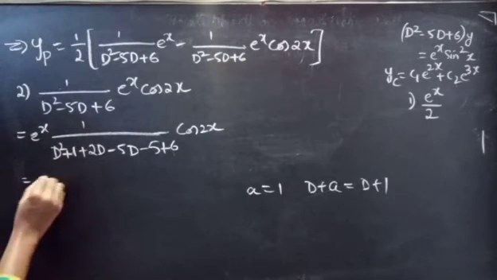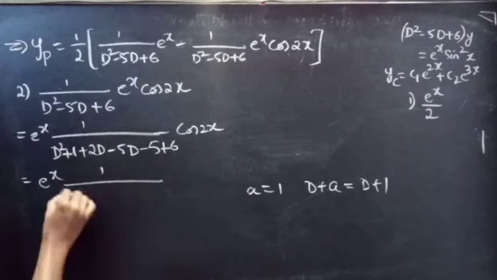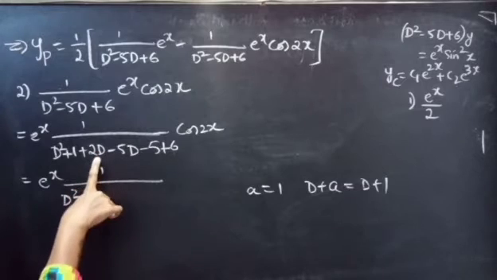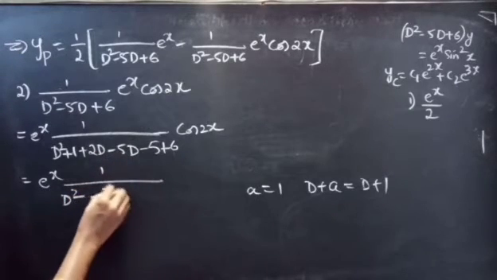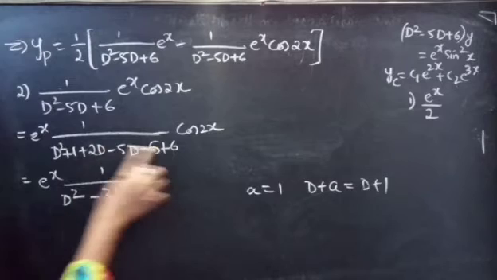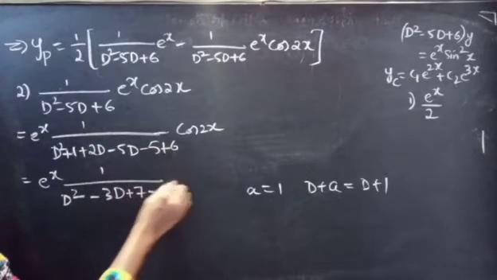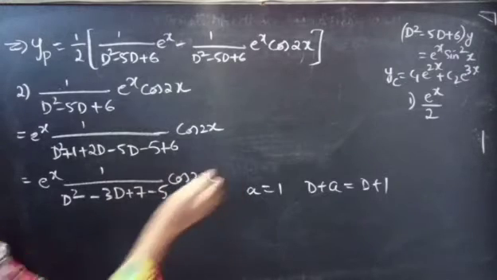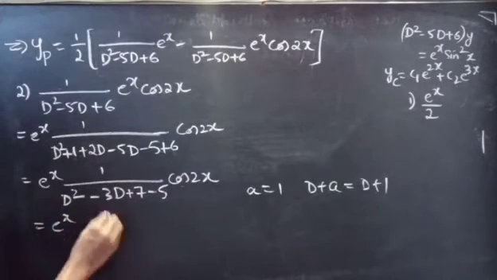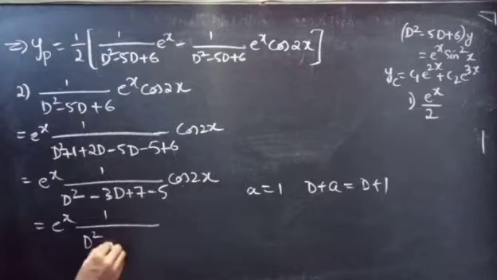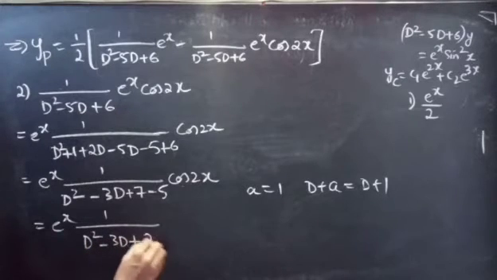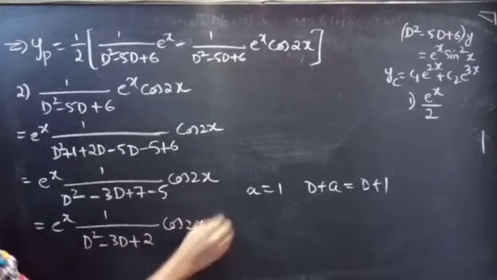This becomes e^x into 1/(D² + 2D − 5D, which is −3D, + 1 + 6, which is +7, − 5) into cos 2x. This is equal to e^x into 1/(D² − 3D + 2) into cos 2x.